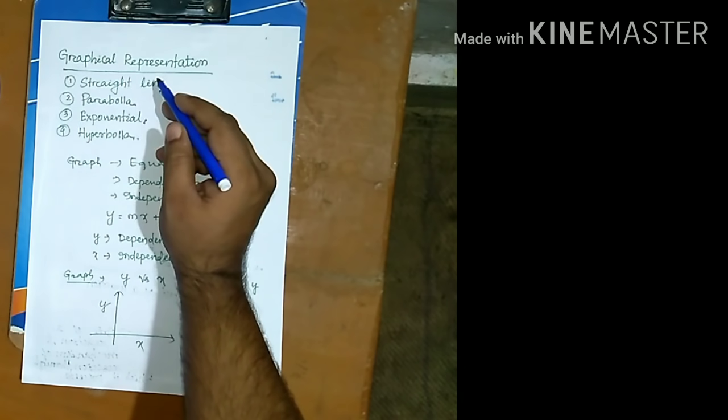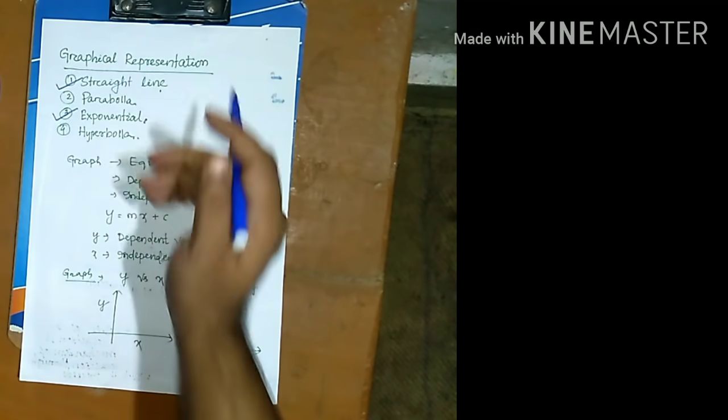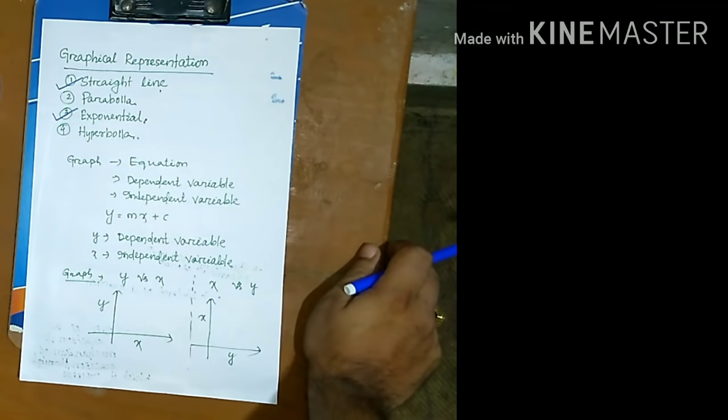Out of these four, in chemical kinetics, two are very frequently used, that is, straight line and exponential.